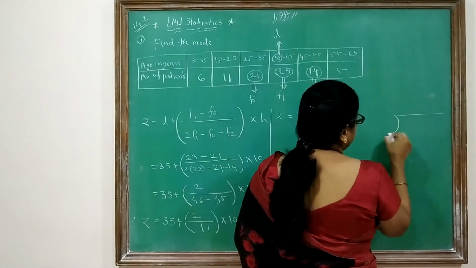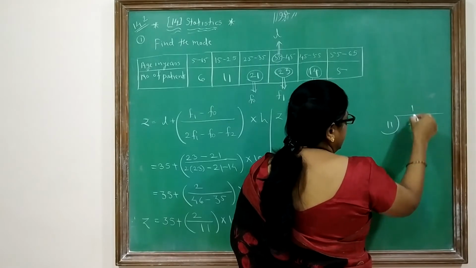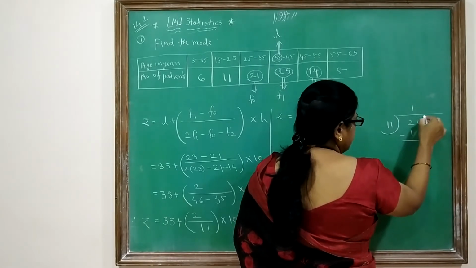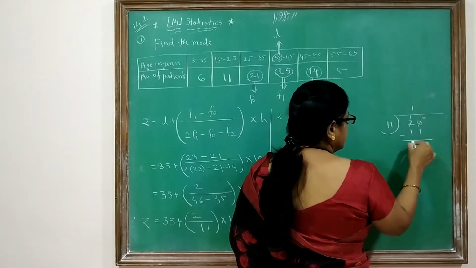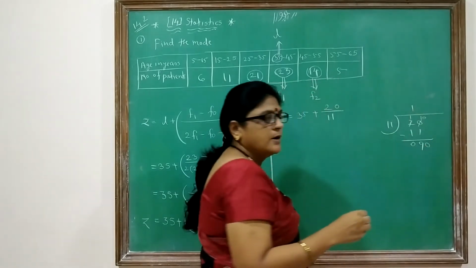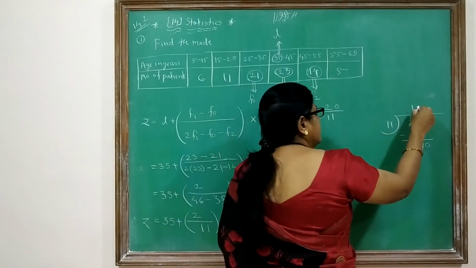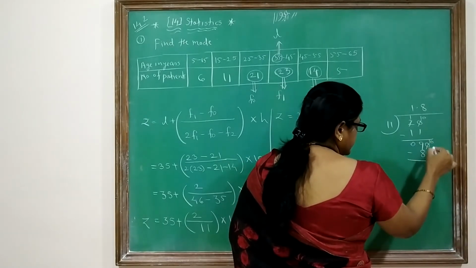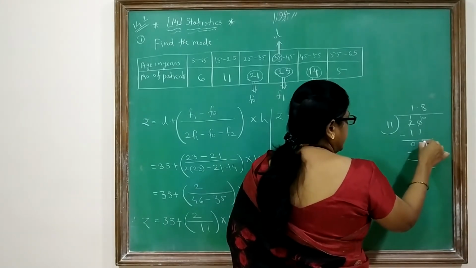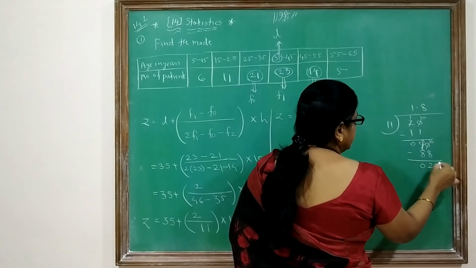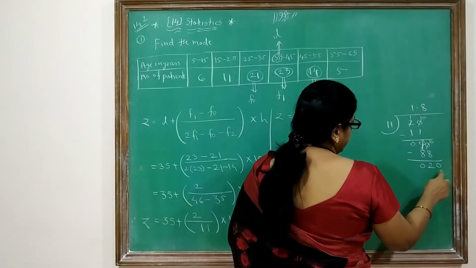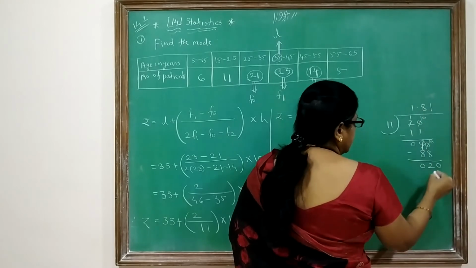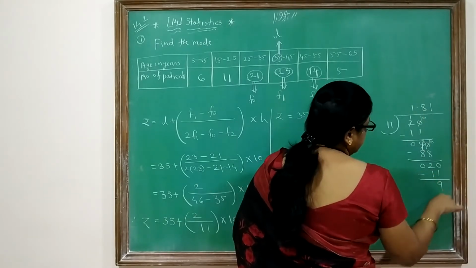Then divide 20 by 11. 11 ones are 11, then 10 minus 1 is 9. Take 0 here, and a decimal point. Then 11 eights are 88, 100 minus 88 is 12, then 11 ones are 11, and 9 is repeated.